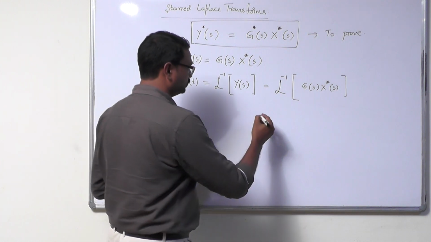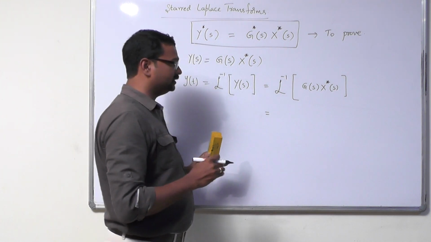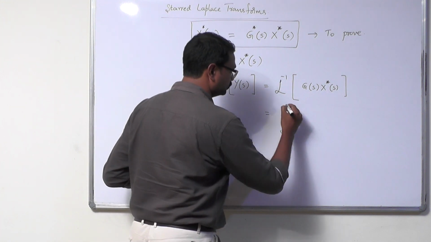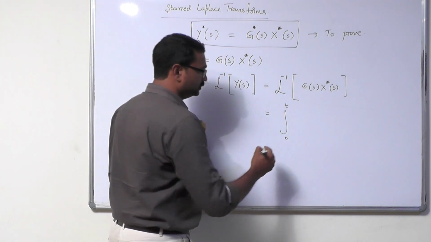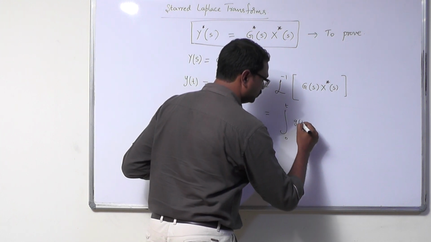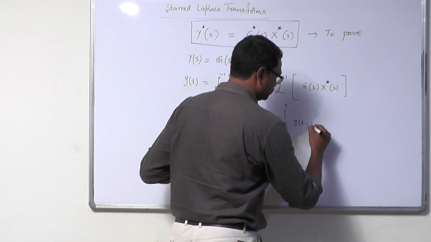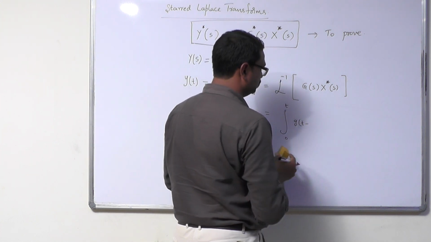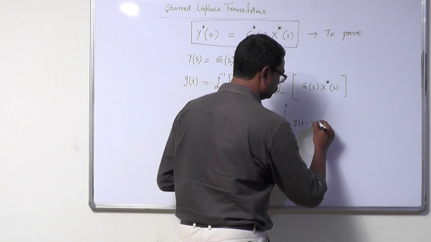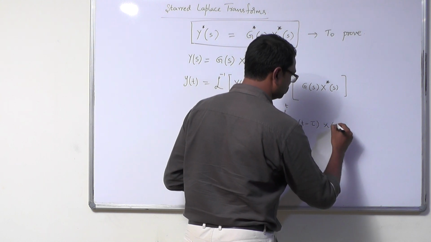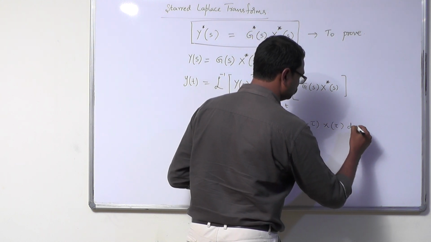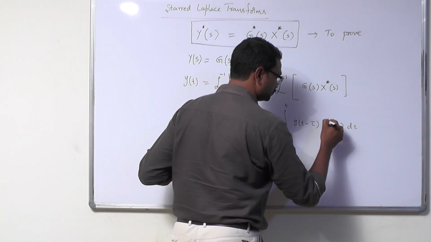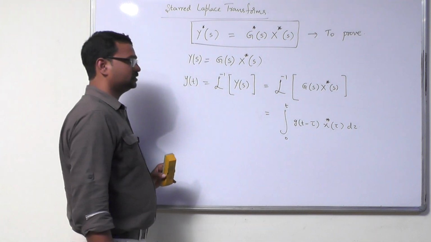Here, with the inverse Laplace transform, I get a continuous time signal. Therefore, I will have the integral from 0 to t of g(t minus tau) x(tau) d tau. Or, because we have star transformations here, I will apply star here.